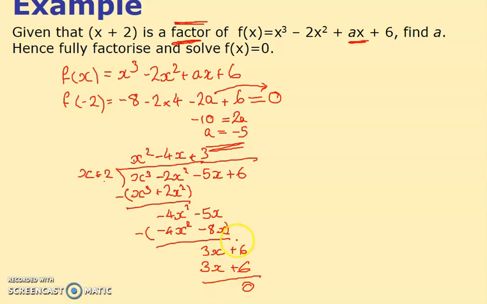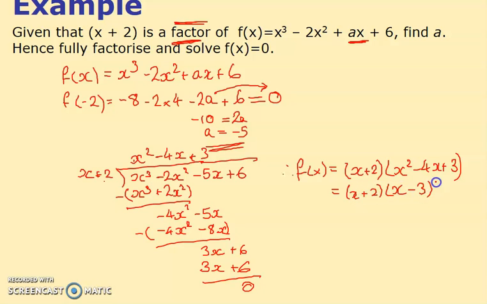So with nothing left over, I can therefore write f of x equals, well, what was it? It was the x plus 2 times by x squared minus 4x plus 3. And critically, we try to factorize this. Yes, it does factorize. It becomes x minus 3, x minus 1.